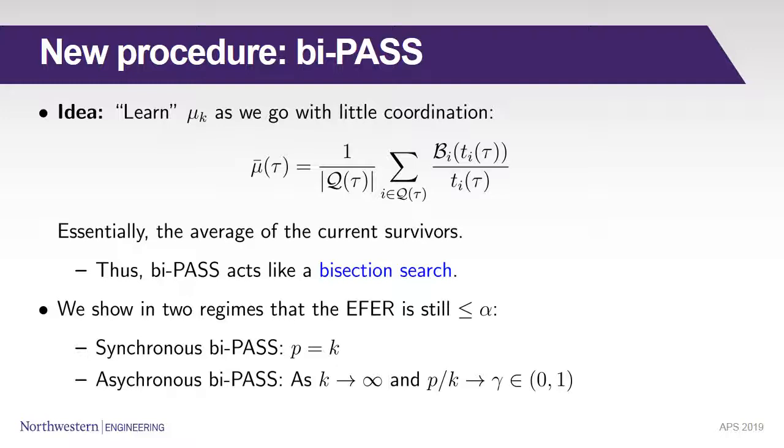When we allow things to be asynchronous, like the picture I showed you earlier, then we can show that BYPASS preserves the expected false elimination rate as the number of systems goes to infinity, and the ratio of the number of processors to the number of systems converges to a constant between 0 and 1, meaning we're guaranteed that we always have enough processors that we can keep up.